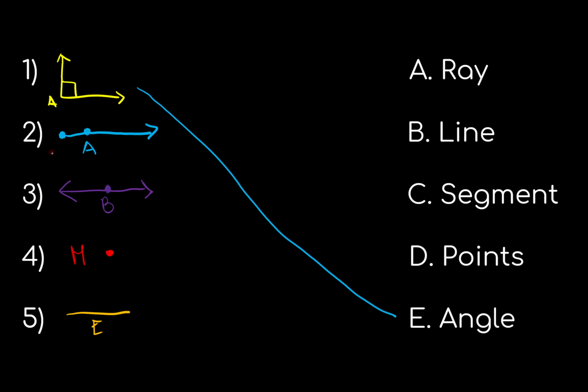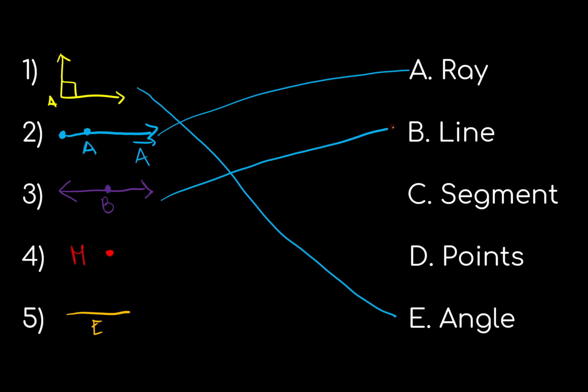Now what about number 2? We have a ray. You're right, because there is a starting point and there's no end point. And this is just a point in the ray. That's why it is called ray A. What about number 3?